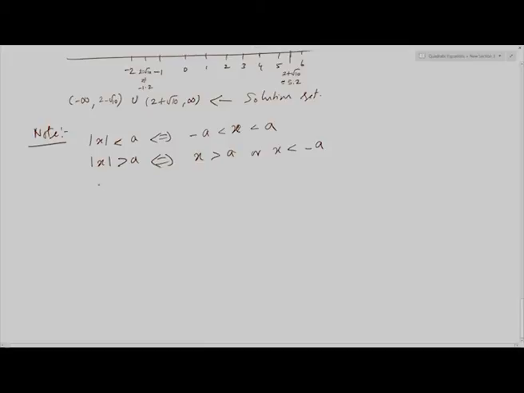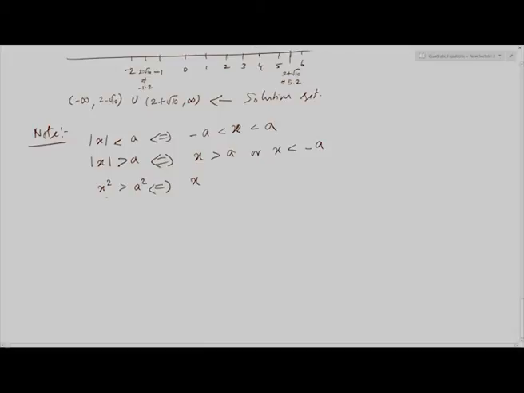Similarly, we have already seen in one exercise that we also considered inequalities involving squares. For example, x square is greater than a square. Generally people write x is greater than a and leave it, but it is not correct.